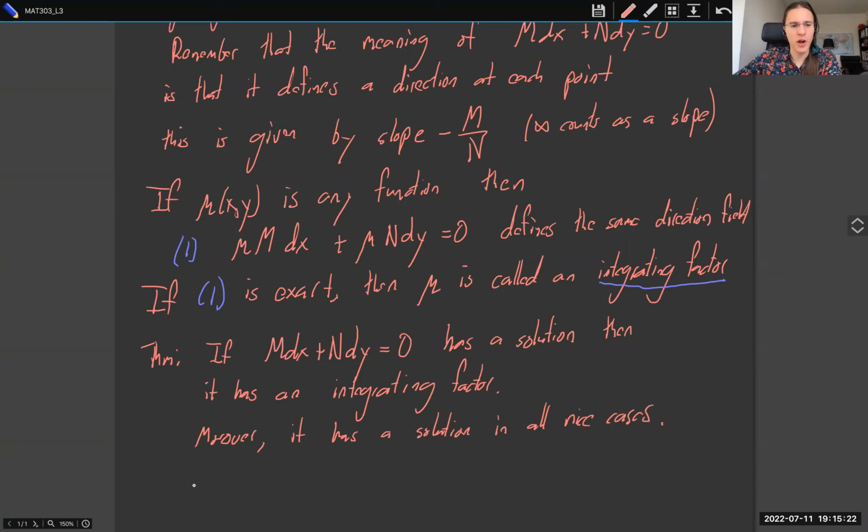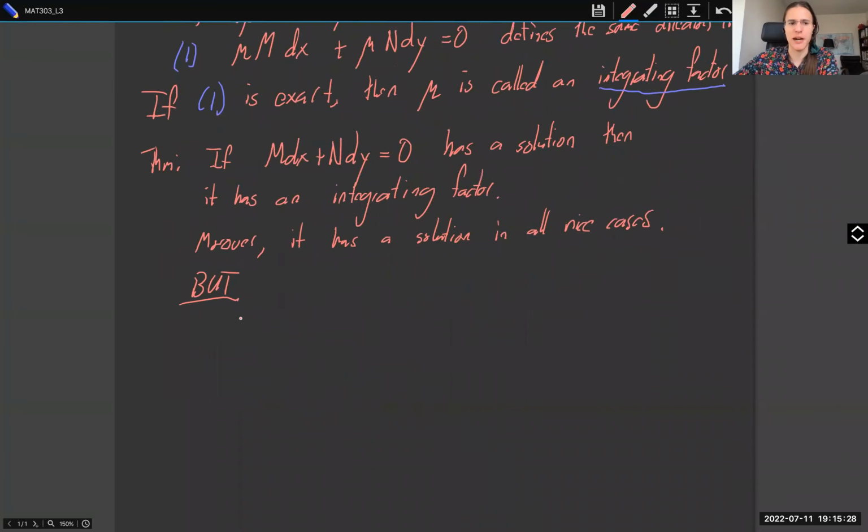But there's a huge caveat: this solution or integrating factor does not have to have a nice expression, or it's not necessarily possible to write it down in terms of elementary functions. Might not be expressible.